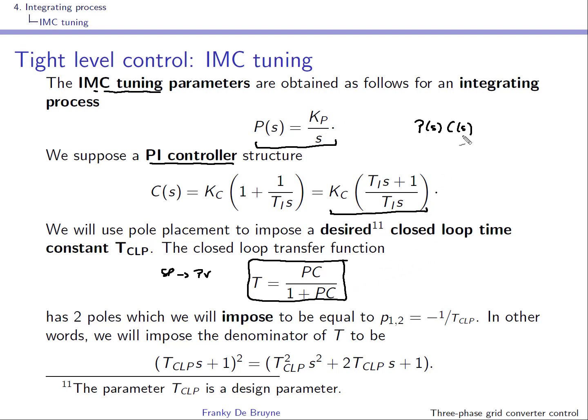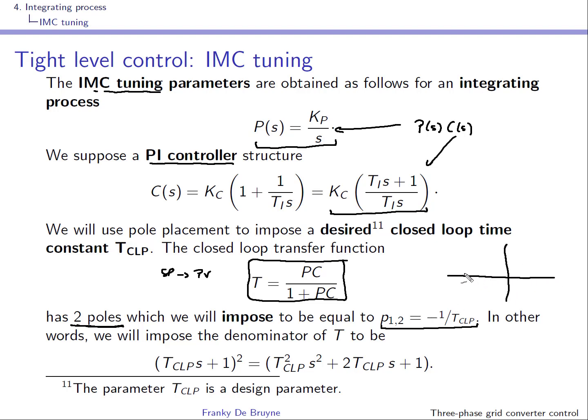If you look at this product over here, P is here, C is here, you can see that this denominator will be of the second order. So there will be two poles in the closed loop transfer function. And what we'll do is make sure that these two poles are placed at this quantity here.